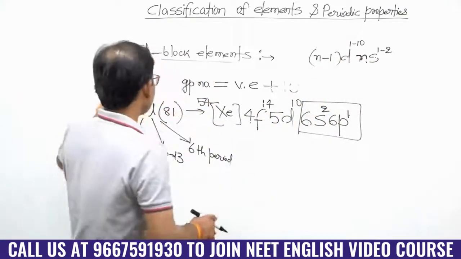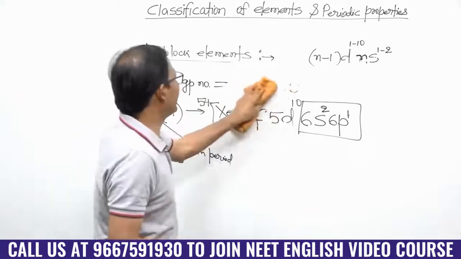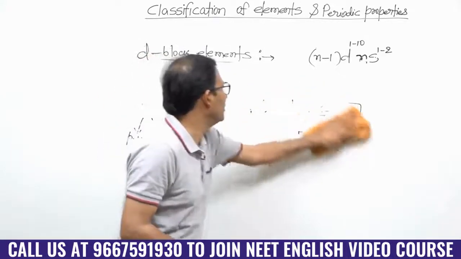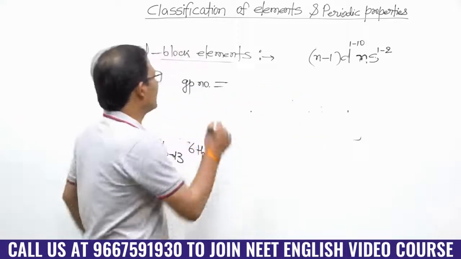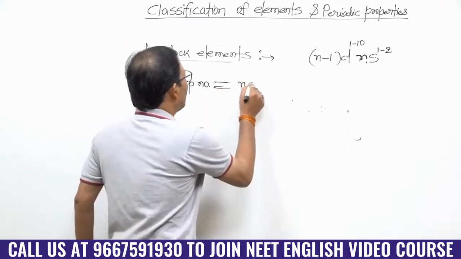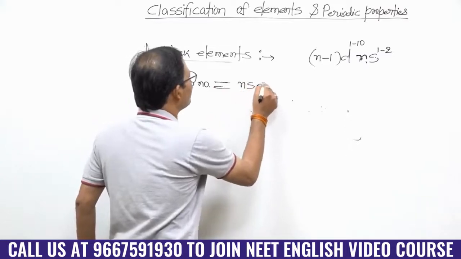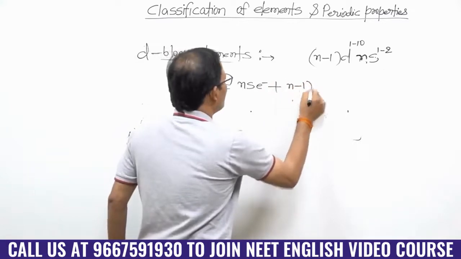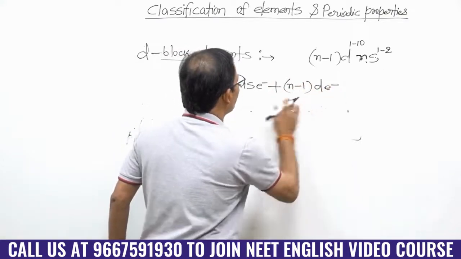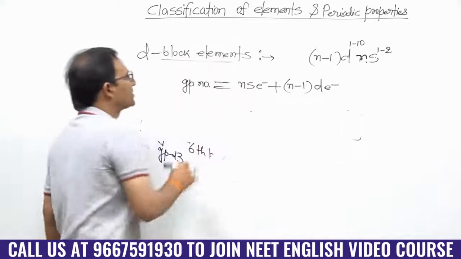Okay, therefore you can write, in case of d block elements, group number is equal to s electrons of the outermost shell plus d electrons of the penultimate shell.